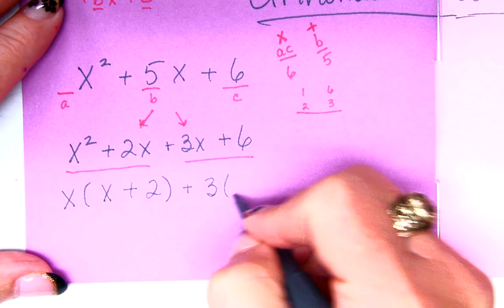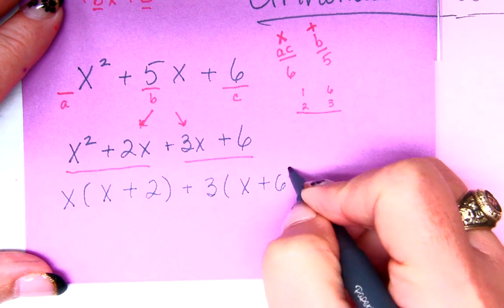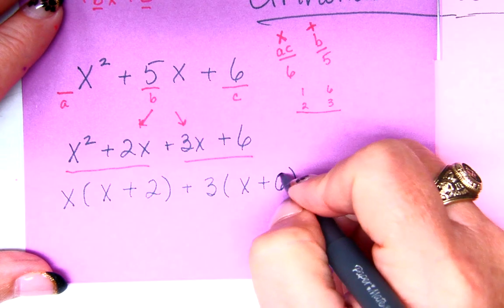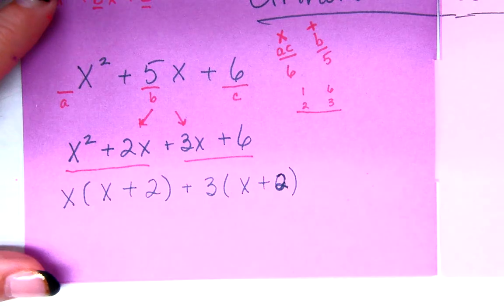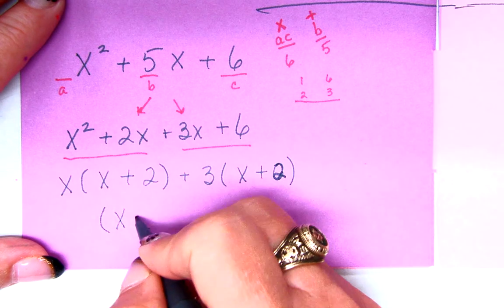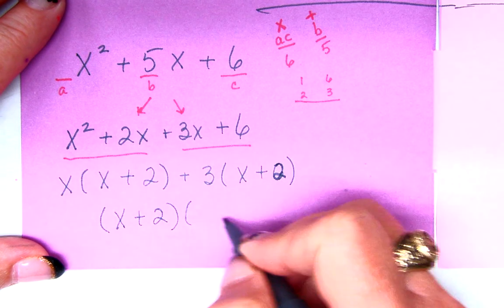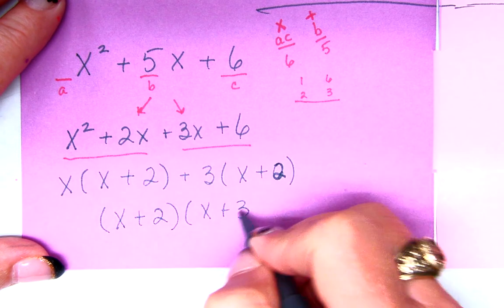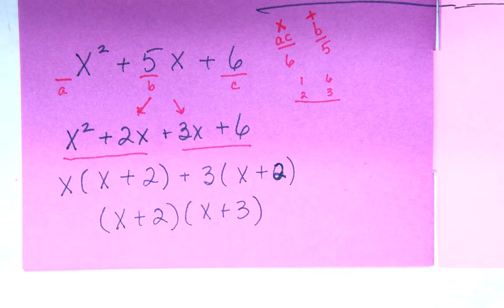What's left? X plus 2. What's common? X plus 2. What's left? X plus 3. Done. How easy do you think that is? But what if it was easier?